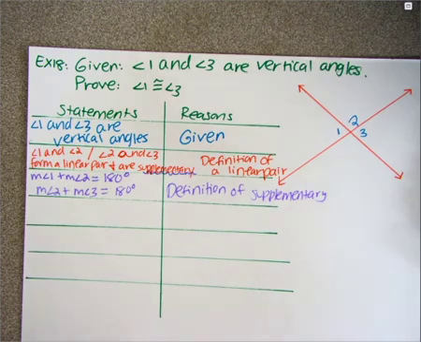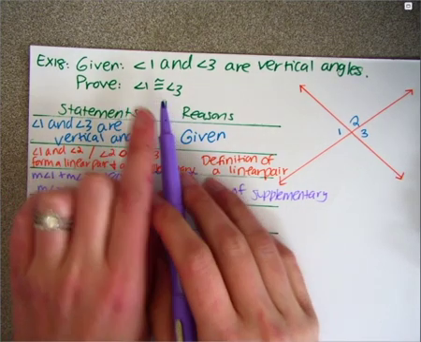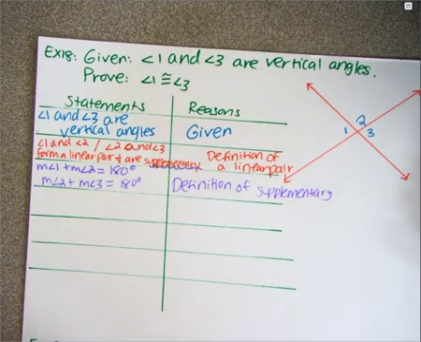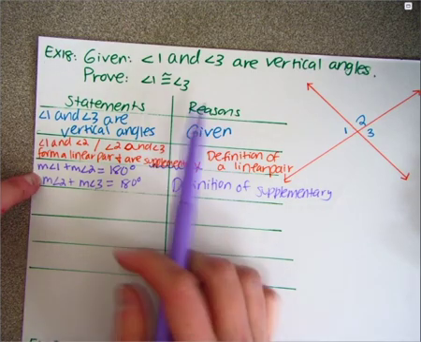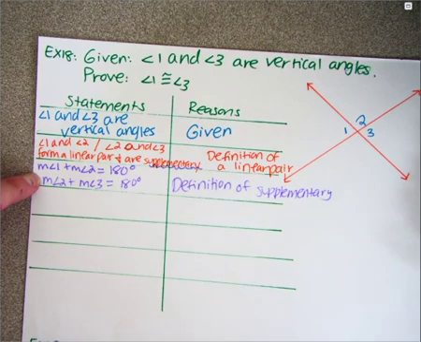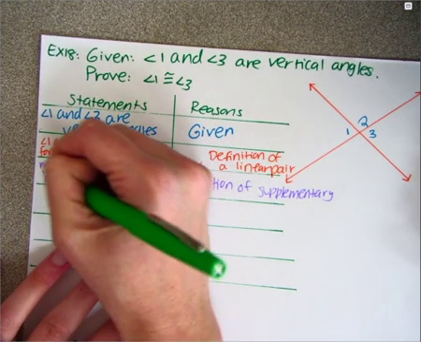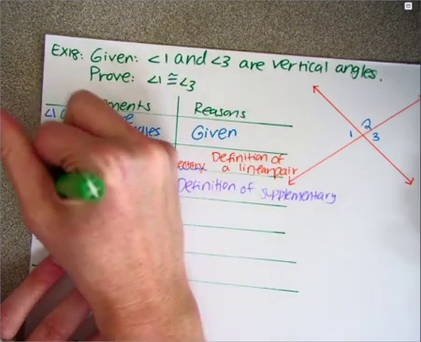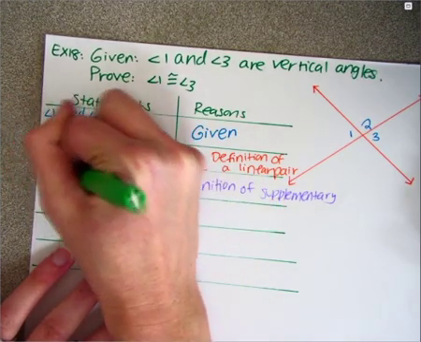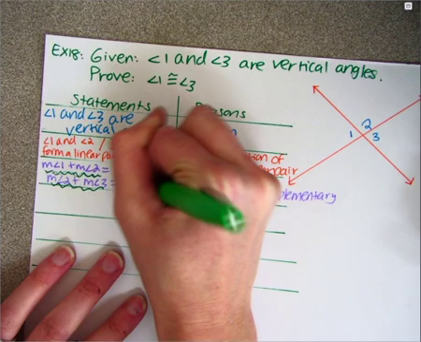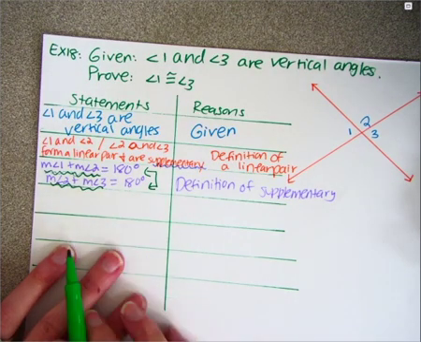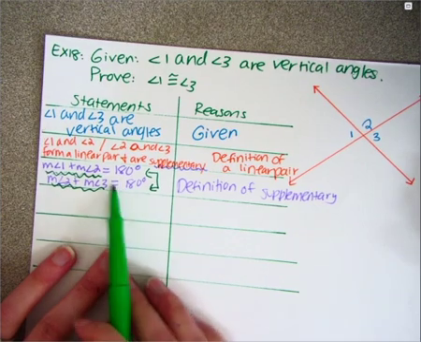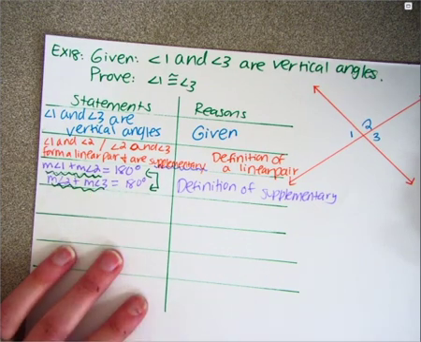Okay, so again, I'm trying to show something about 1 and 3 being congruent. So I'm getting closer. Do you see anything in this line that might get me a step closer to showing that 1 and 3 are congruent? Well, do you see that both of these statements equal the same thing? They both equal 180. So if they both equal the same thing, doesn't that mean they equal each other?